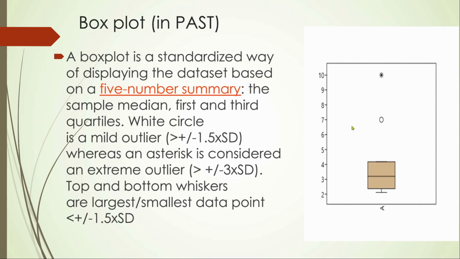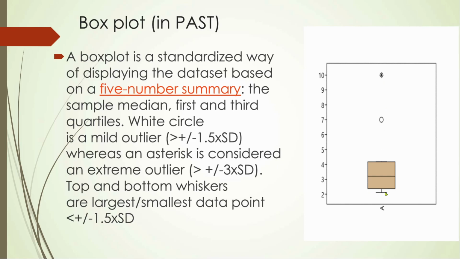So a box plot is a standardized way to show the sample median, this line here, your first and your third quartile. You have a white circle, an empty circle, as a mild outlier, and an asterisk as an extreme outlier.